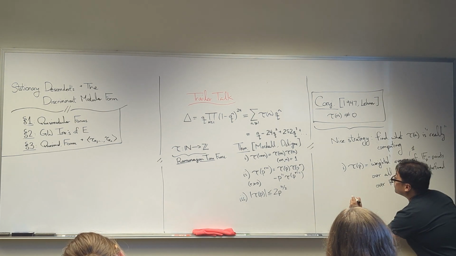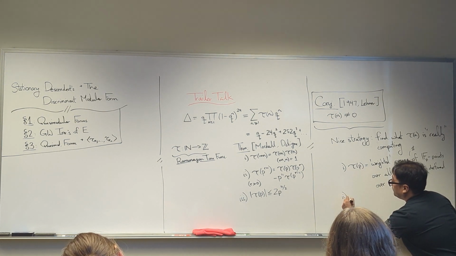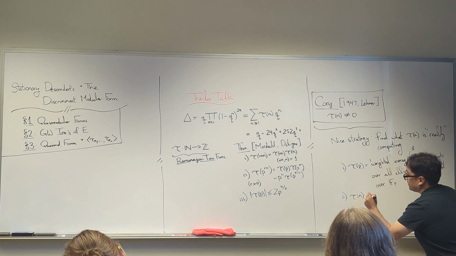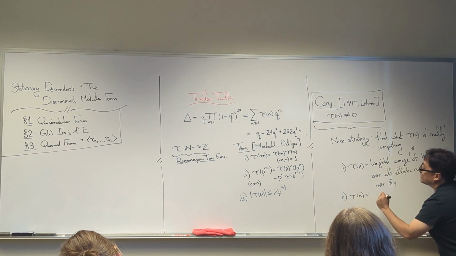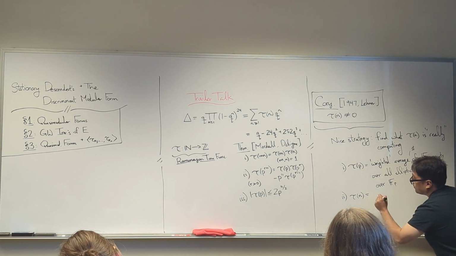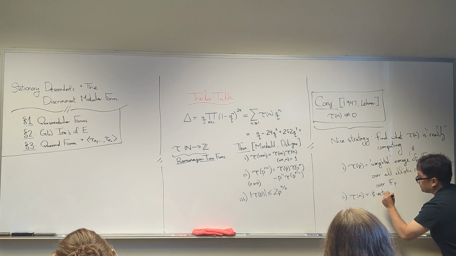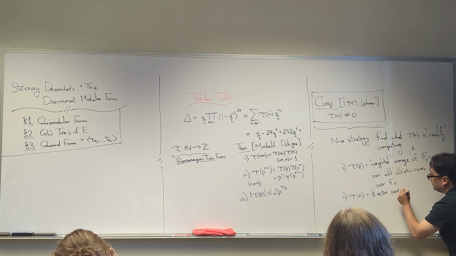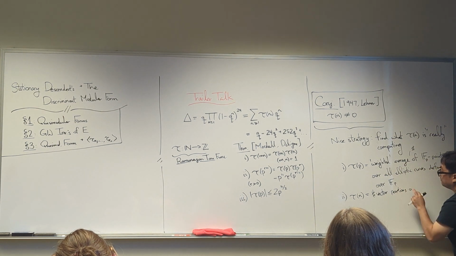Another instance of this strategy goes back to Garvan and Schlosser, who said tau of n is actually the number of vector partitions for some lattice.